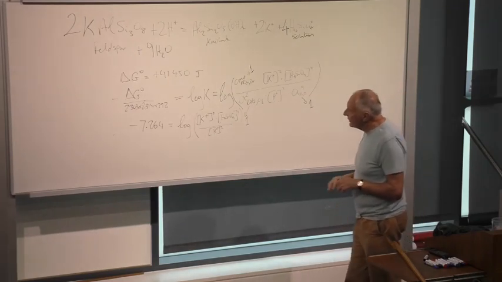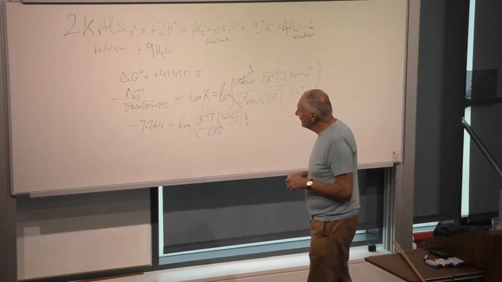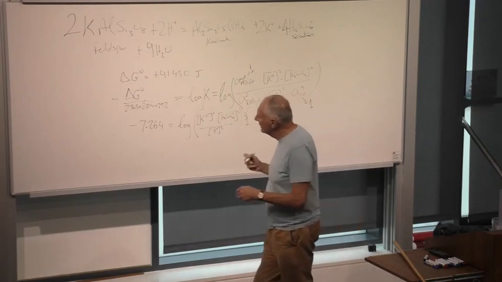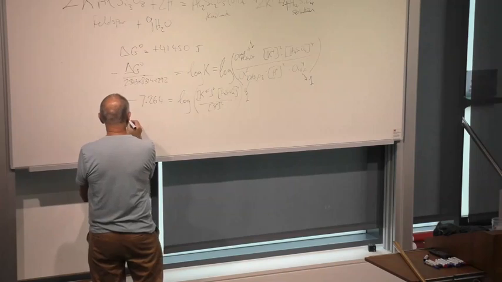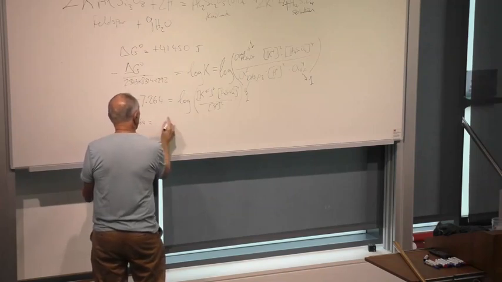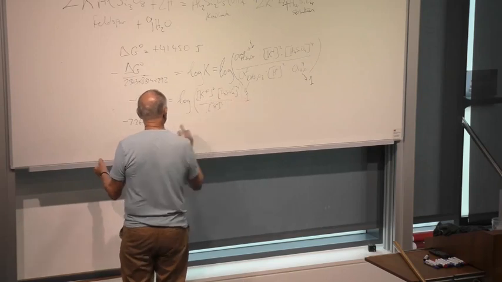Okay, so let's separate this, and I'm going to do it in a slightly different way. So minus 7.264. I'll take the silicon outside.